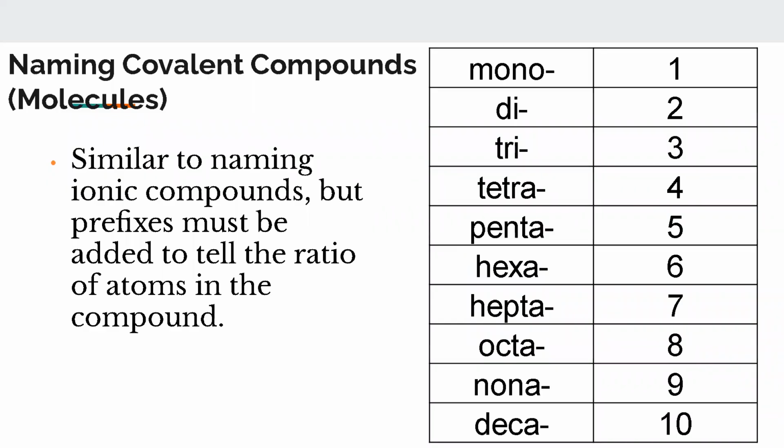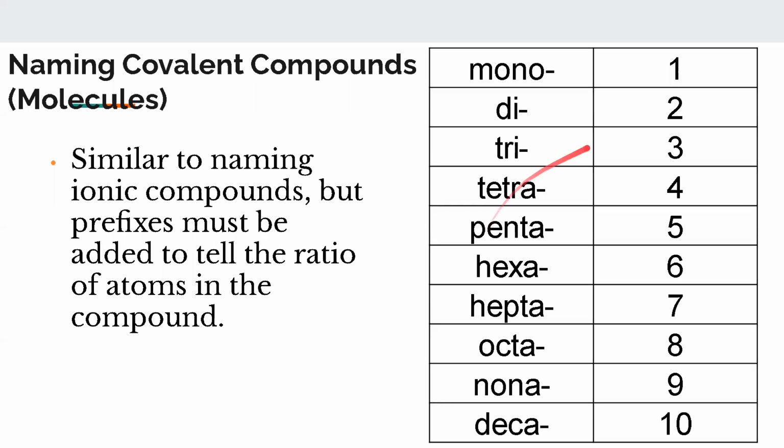Okay, so naming covalent compounds or molecules is kind of the same as naming ionic compounds, but the prefixes are added to show the ratio of atoms in the compound. In case you didn't know the prefixes for the numbers, it's kind of like the shapes where you have a heptagon, octagon, nonagon, all those things.